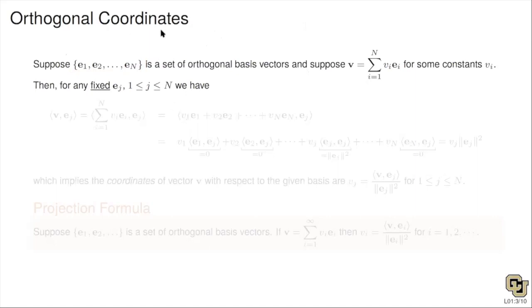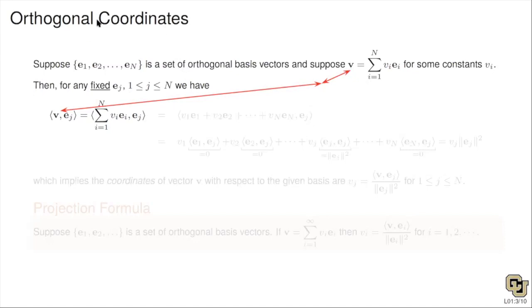So yes, let's pick a basis vector, e sub j. Here j is just some fixed number, like e sub 2 or e sub 3, whatever you like. And now we're going to take the inner product of v. Keep in mind what I'm trying to do here.